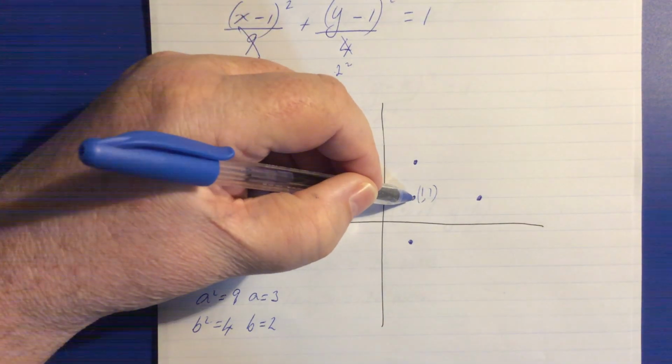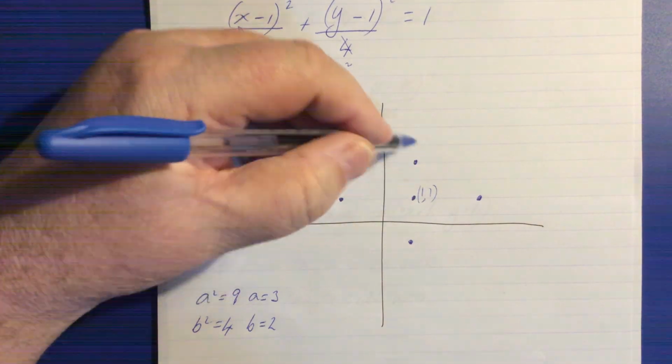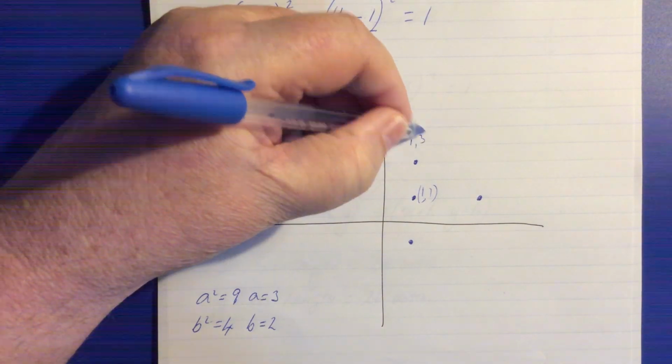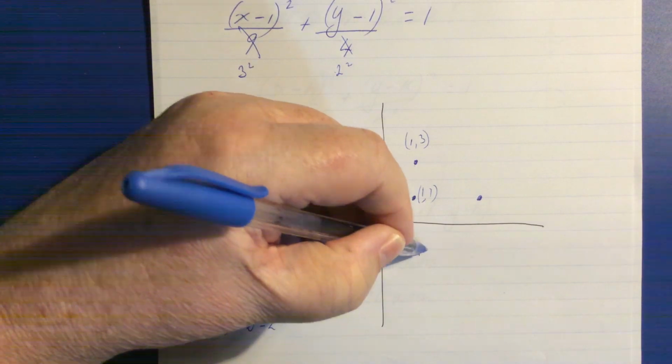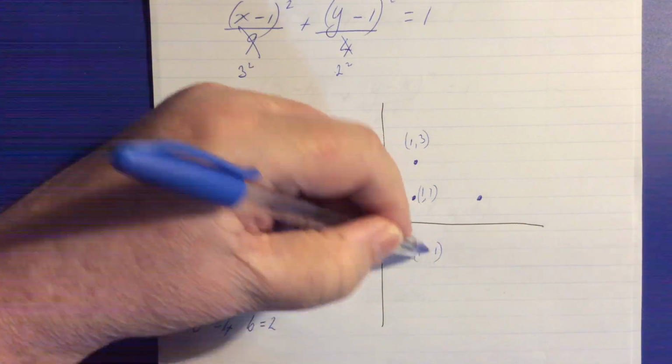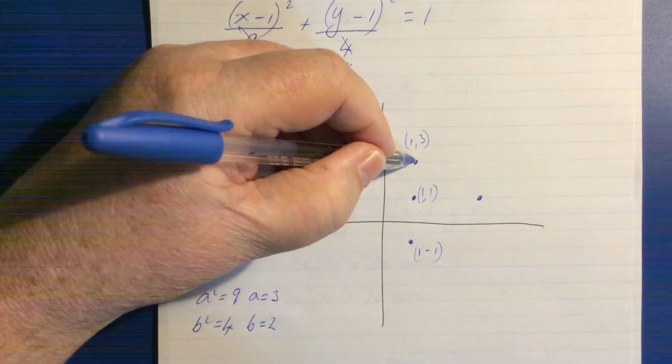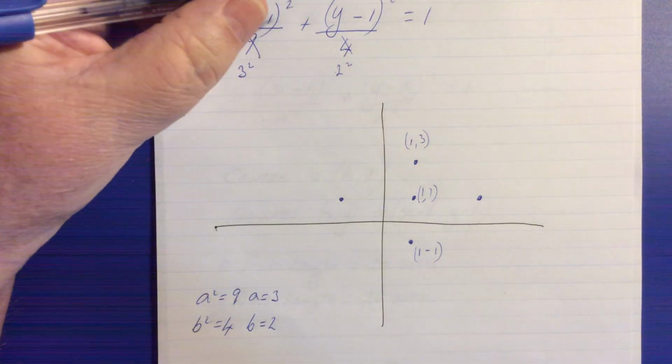So if this is 1, 1, this is 1, 3, that distance is 2, and this is 1, negative 1. So hopefully that makes sense.